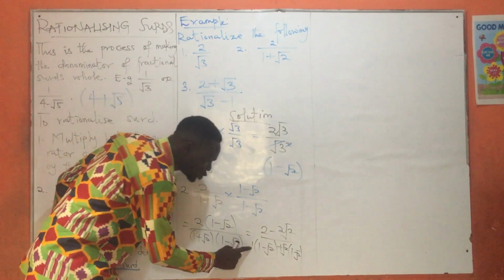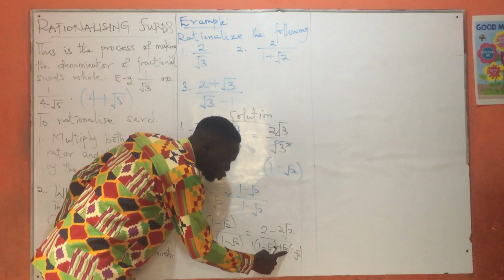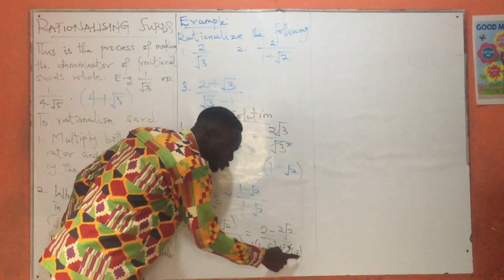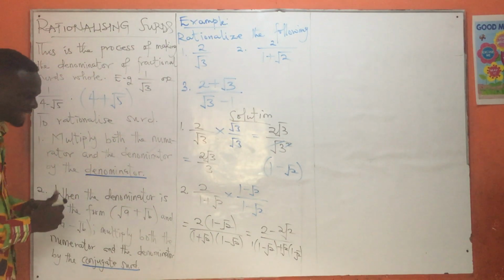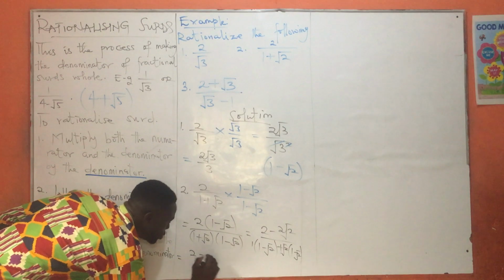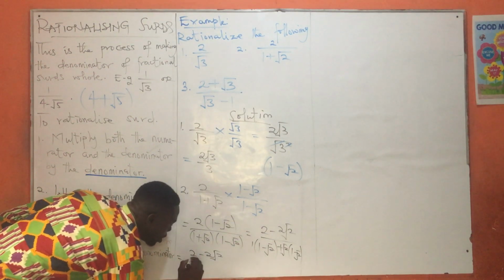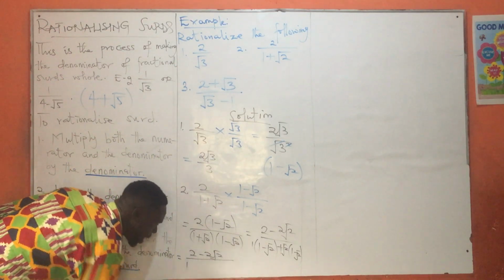Now the 1 is going to multiply this, then surd 2 will multiply this, then surd 2 will also multiply this. Let's take our time. So with the numerator, we have 2 minus 2 surd 2 all over 1 times 1 is 1.